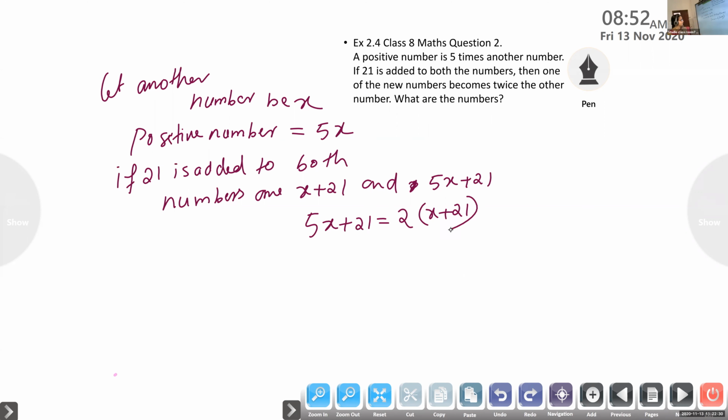So solve 5x plus 21 equal to 2 into x plus 21. Find the value of x.